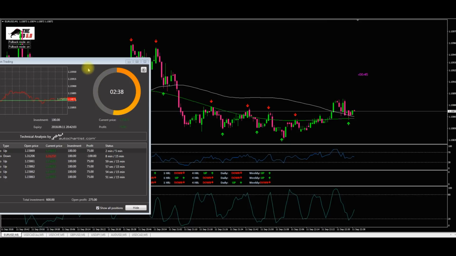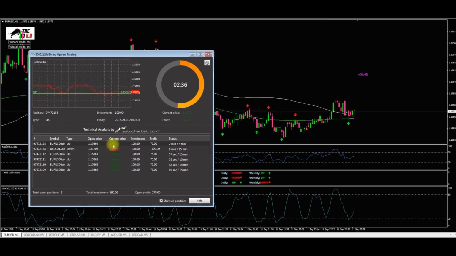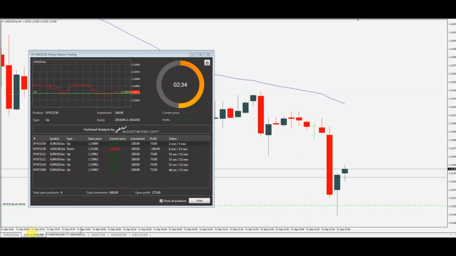So yeah, we had 2 losing trades, and now hopefully, wait for these to come in, 1, 2, 3, 4. So we'll be at 4-2, won't we, because we lost our first 2 trades. So 4-2.